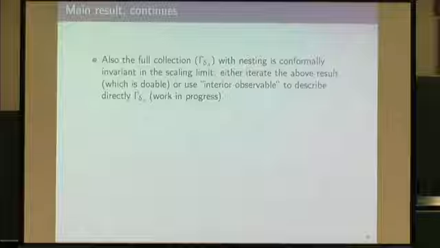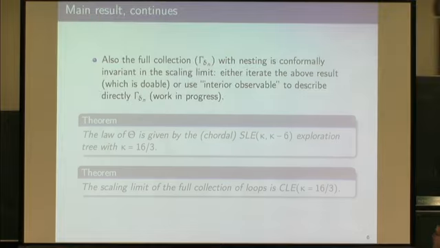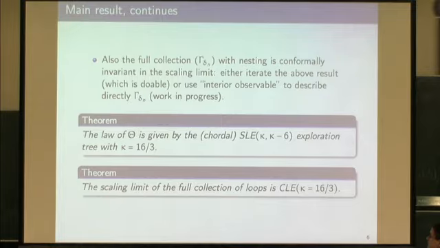That's one way to get the full collection. But you can also work with some other, really closely related techniques, similar observable but for the interior. And the law is given by this kind of exploration tree process. So I will come back to that in a moment.